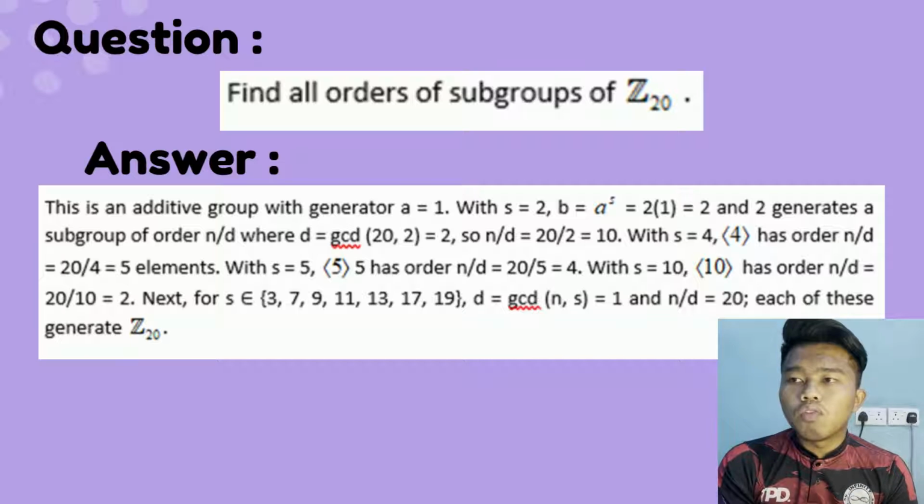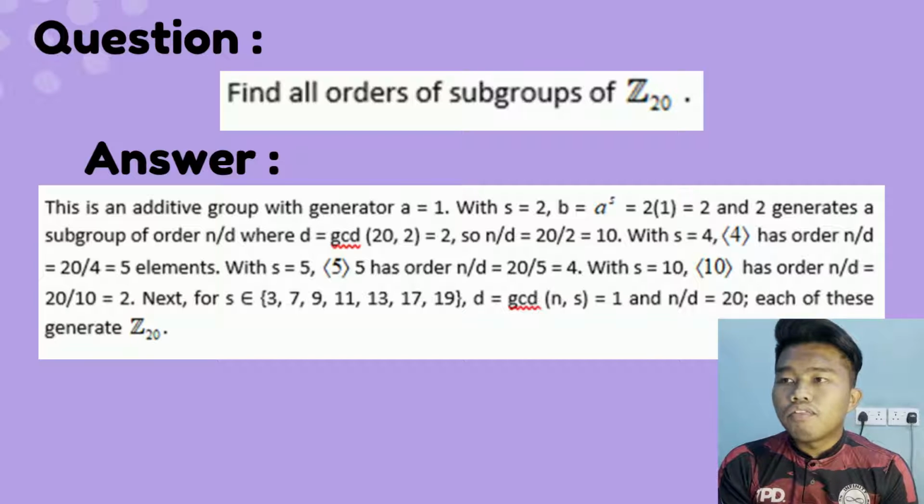With S equals 4, the subgroup generated by 4 has order n over D, which equals 20 over 4, which equals 5 elements. With S equals 5, the subgroup generated by 5 has order n over D equals 20 over 5, which equals 4.